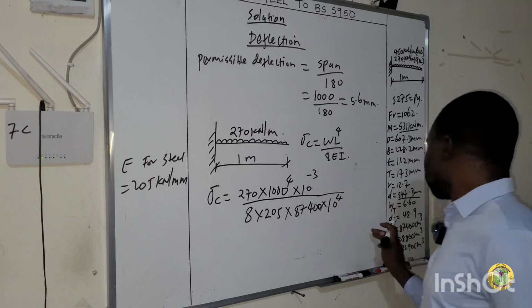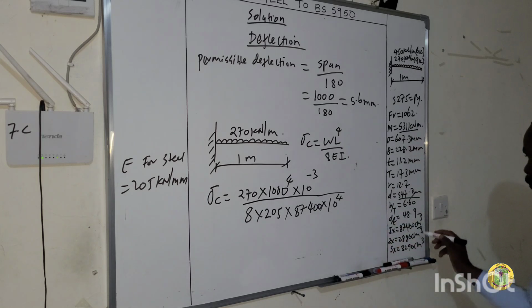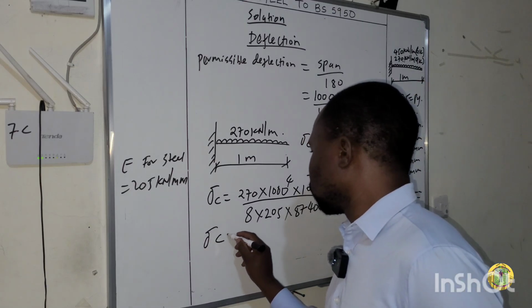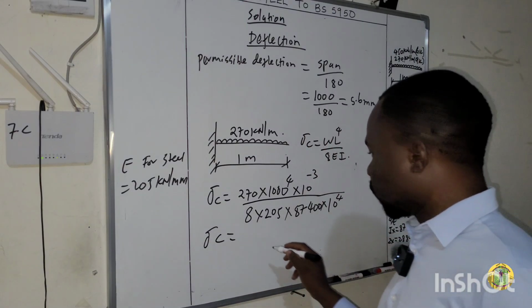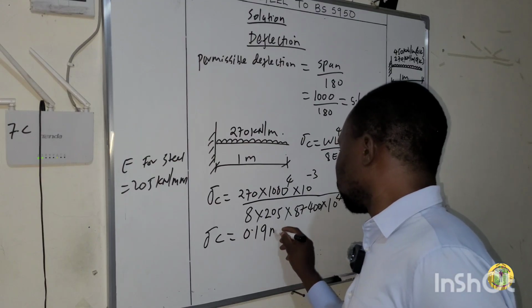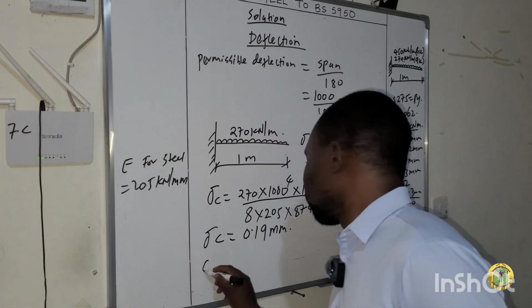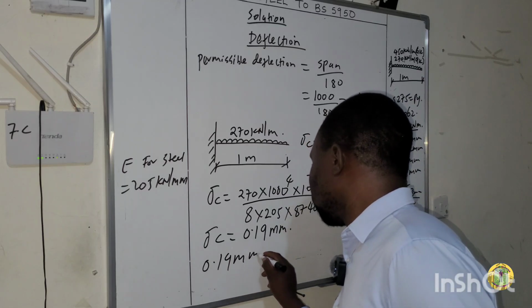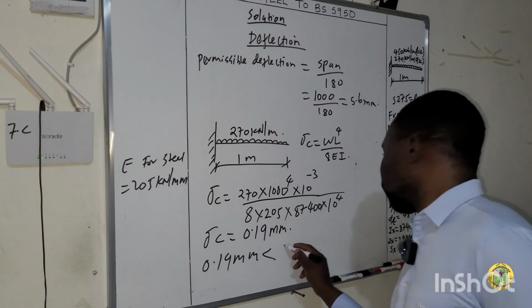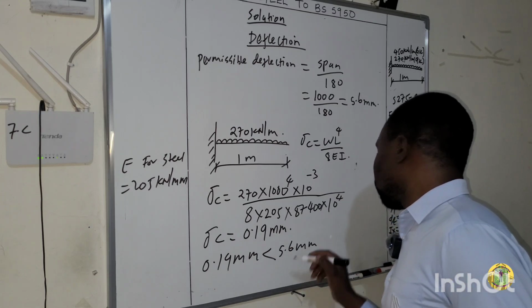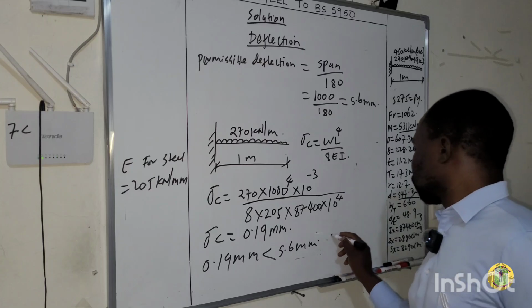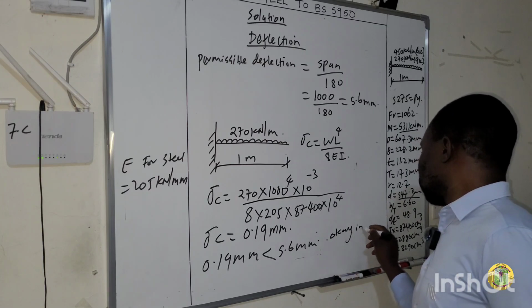We change it from centimeter to millimeter. So 10 millimeter is equal to 1 centimeter. So therefore, it is equal to 0.19 millimeter. So as you can see, 0.19 millimeter is less than 5.6 millimeter. Therefore, okay in deflection.